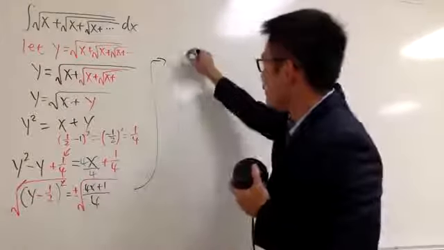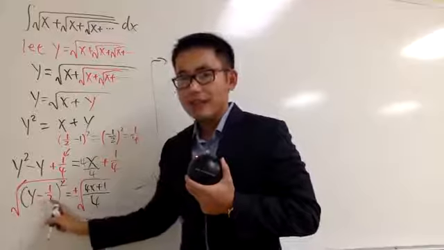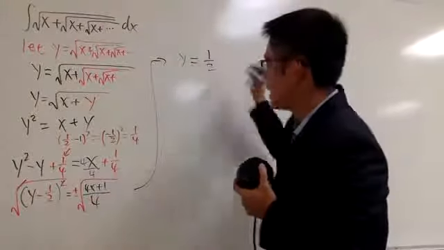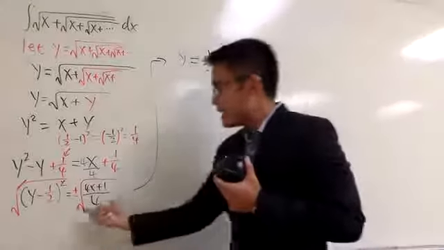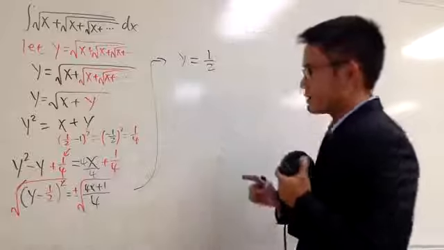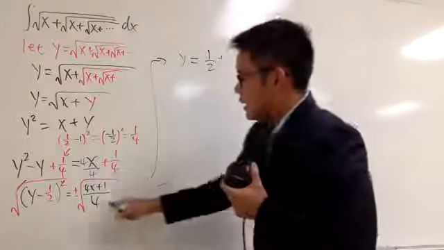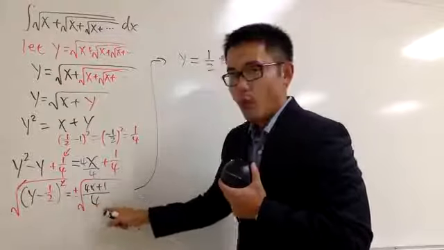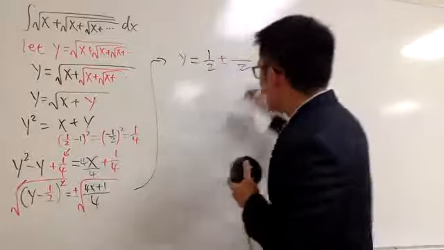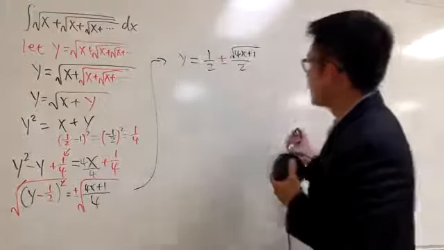Anyway, here we have y equal. This is y minus 1/2. We bring the 1/2 to the other side, so we have a positive 1/2, okay? And then here, as I said, I'm not exactly sure if I have to put down plus minus, which one, right? So let me just keep it for now, plus minus. We can do the square root of 4 on the denominator, which is going to give us 2. And then on the top, we just have square root of 4x plus 1, okay?